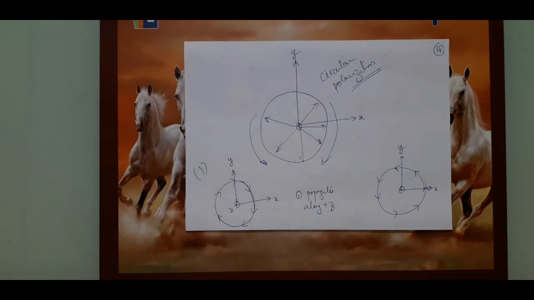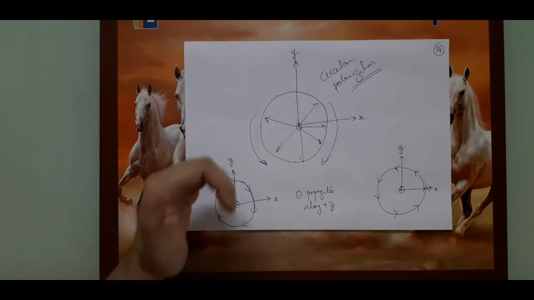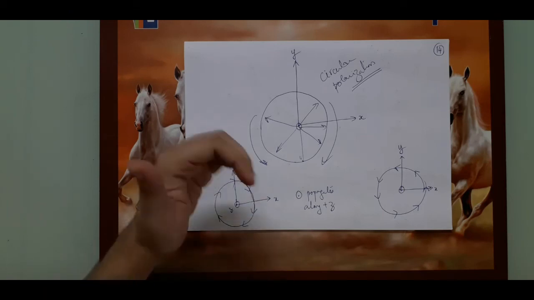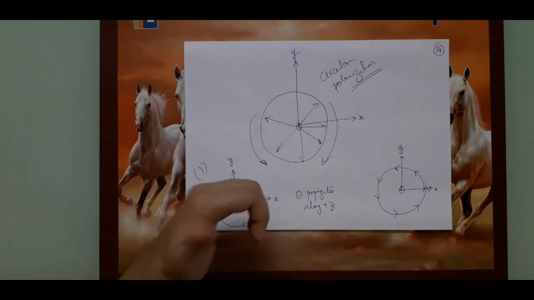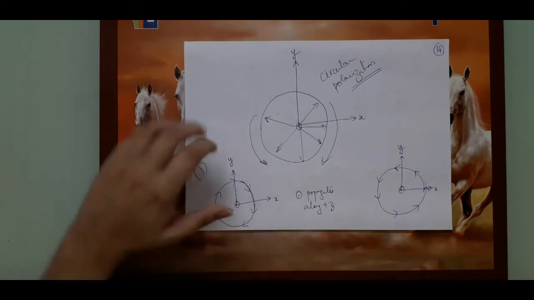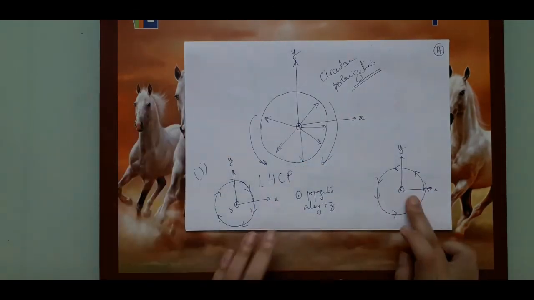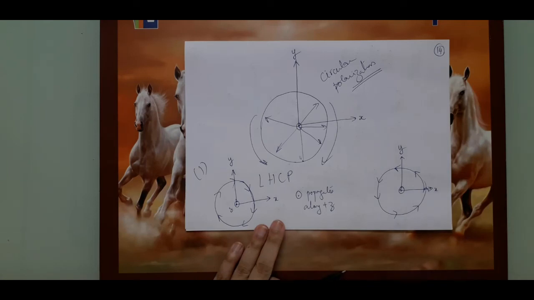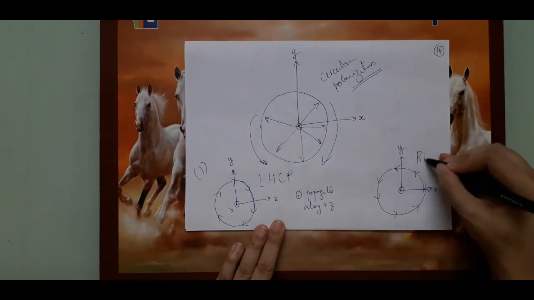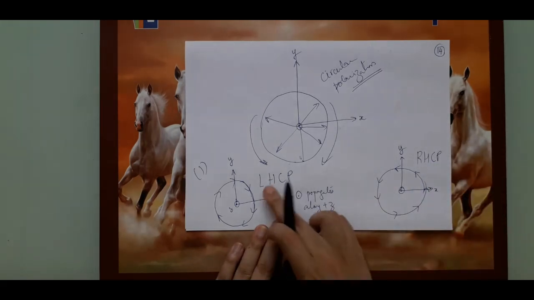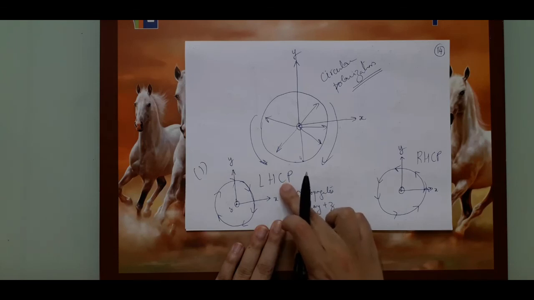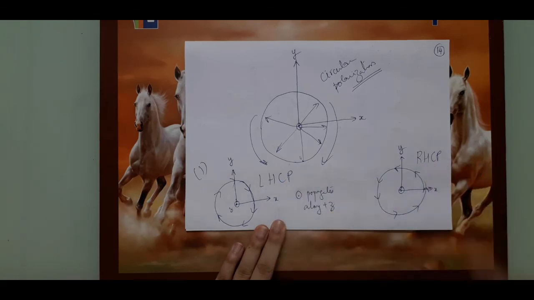Now in general both are possible. If the polarization follows the left hand thumb rule, then this is called LHCP, and if the polarization follows the right hand thumb rule, it is called RHCP. This stands for left hand circular polarization, and this stands for right hand circular polarization.